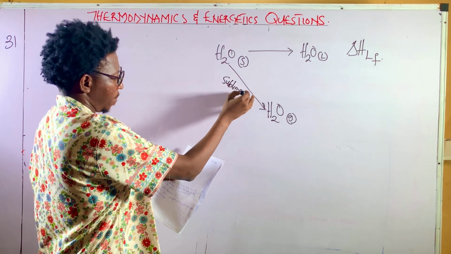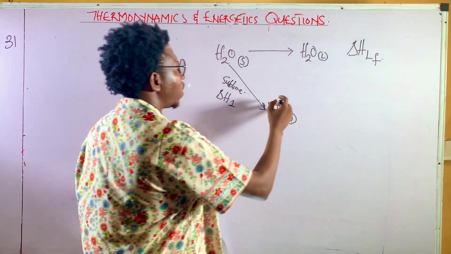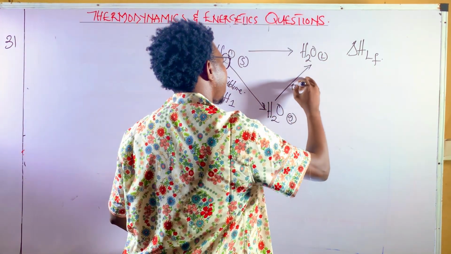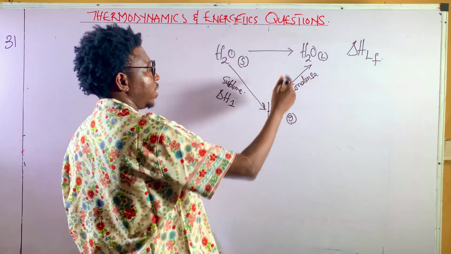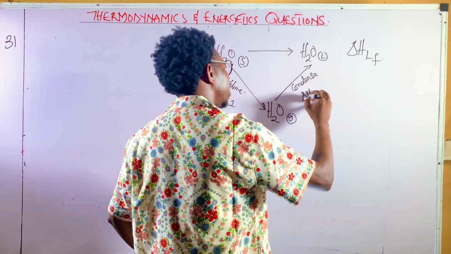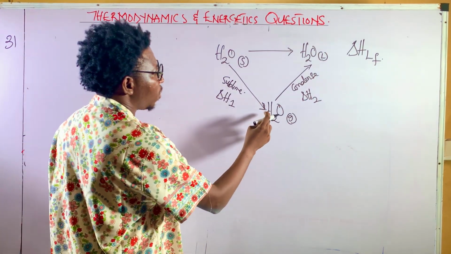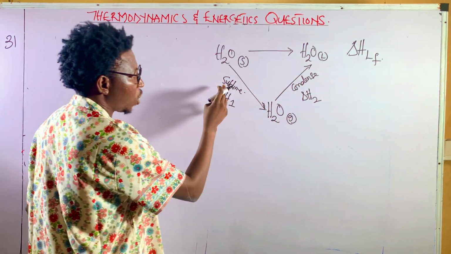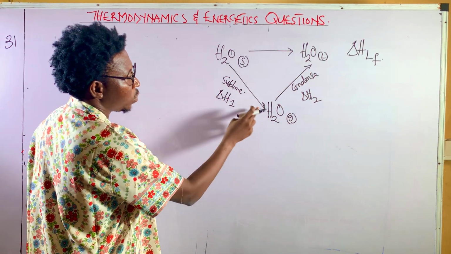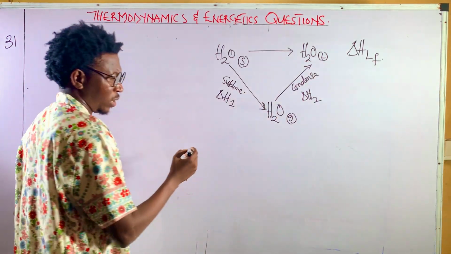Sublime. I'll call this heat 1. Then condense, to give me this, let's say delta H2. Now, the sum from here to here to here will be equal to this. That's what we are trying to say.